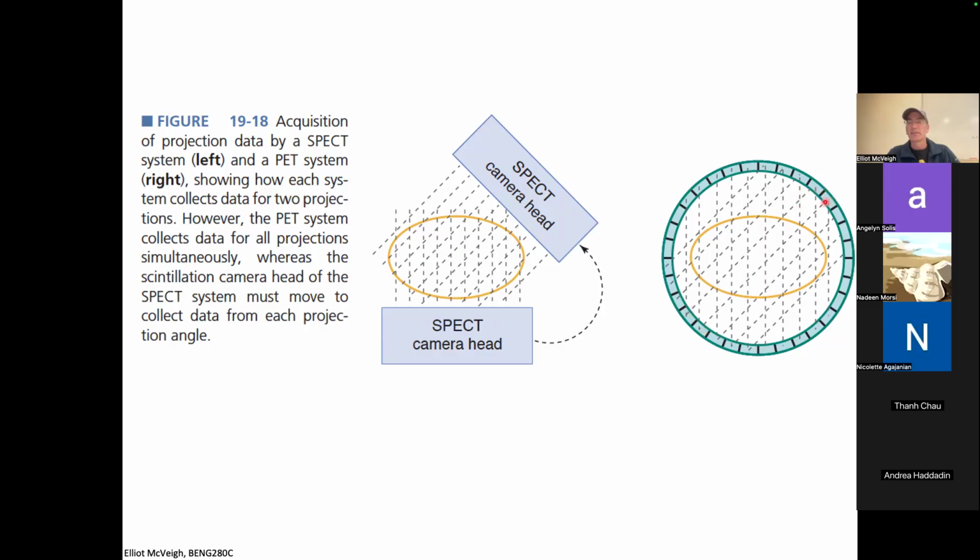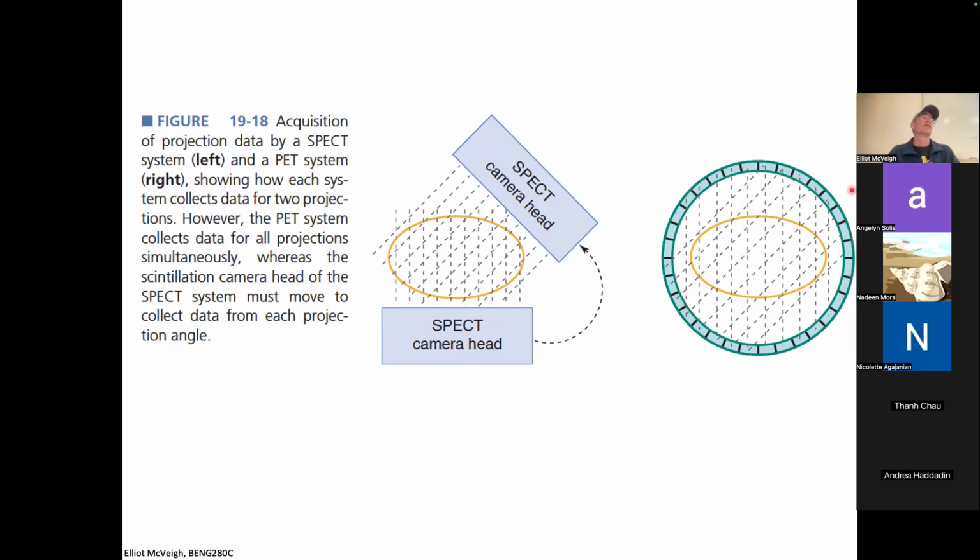So what we can do is arrange that list such that if we collect all of the events that look like they came from parallel lines of response in this direction, they come in random order, but I can spatially sort them so that my line of response here, here, here, here, and here, all the way across is going to go in what I will call projection 1, the projection at this angle.